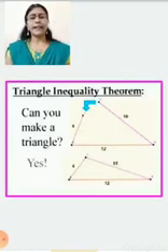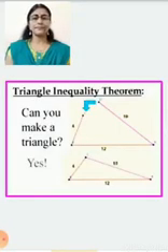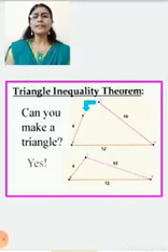Now let us take another example. Can you make a triangle here? They have given the sides as 4, 10 and 12 units. So let us find out. Let us add the first 2 sides. 12 plus 4 is 16. 16 is greater than 10.